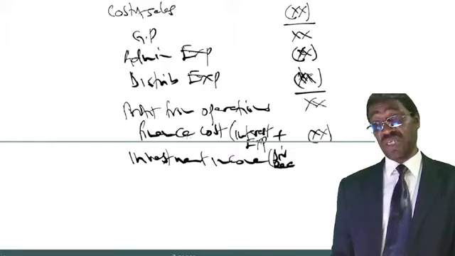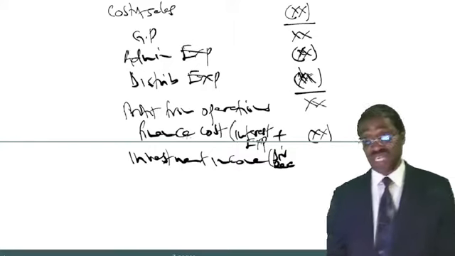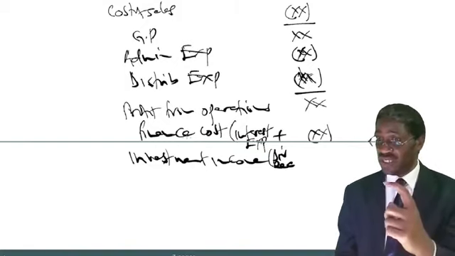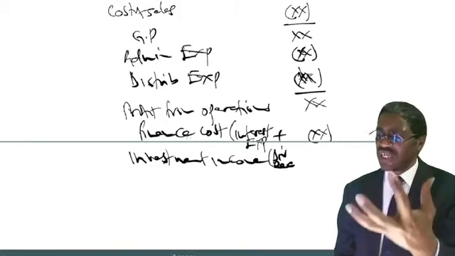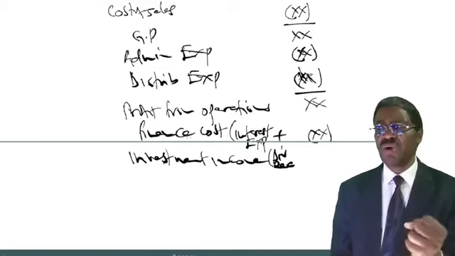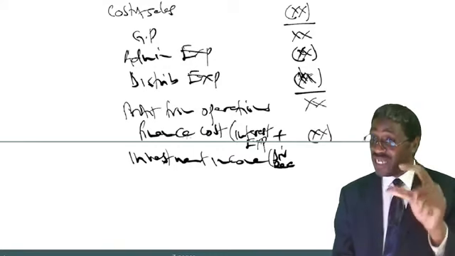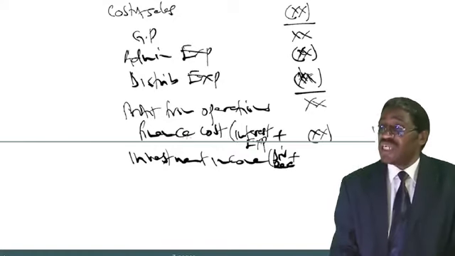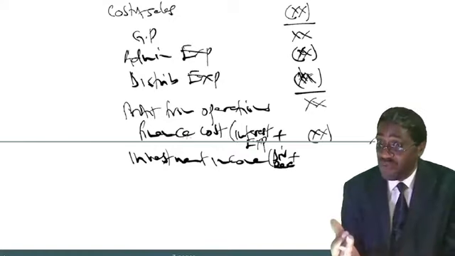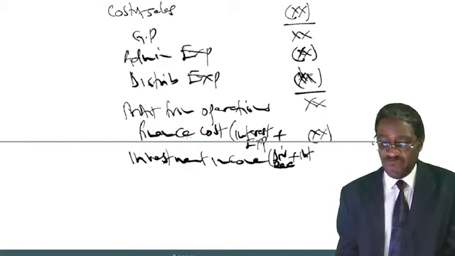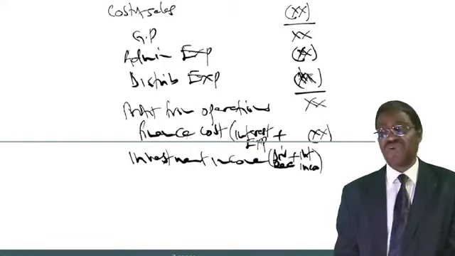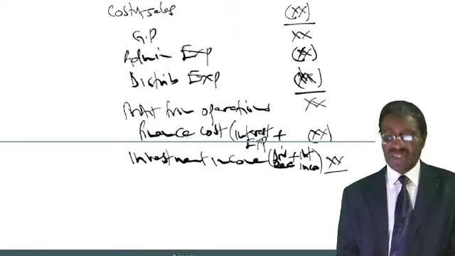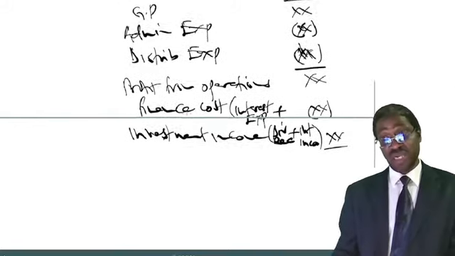Maybe you have invested in shares, and those shares are giving you dividend income. Alternatively, you could have bought things like treasury bills and treasury bonds, and they are earning you income in terms of interest. So investment income need not only be in the form of dividend, it can also be interest income, whatever it might be.